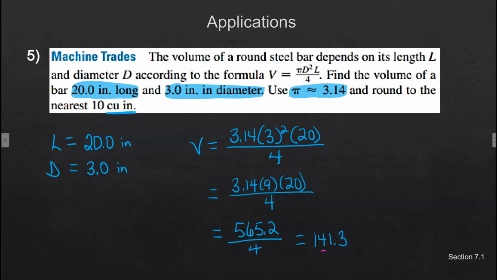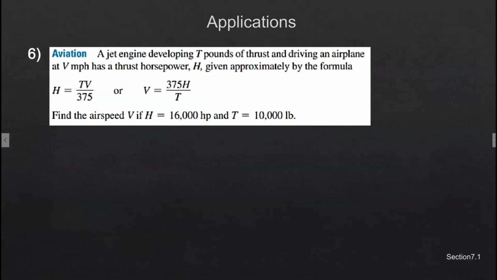So we're rounding to the tens place, and that means 140 cubic inches. Now that's approximate. I think I'll put that V in there. So V equals 140 inches cubed. I'm going to go ahead and show that we rounded with our wavy equal sign. Okay, that's it for that one.